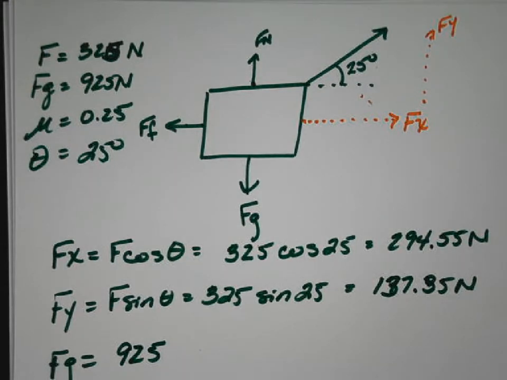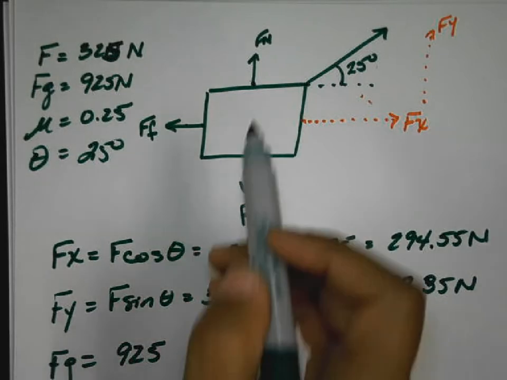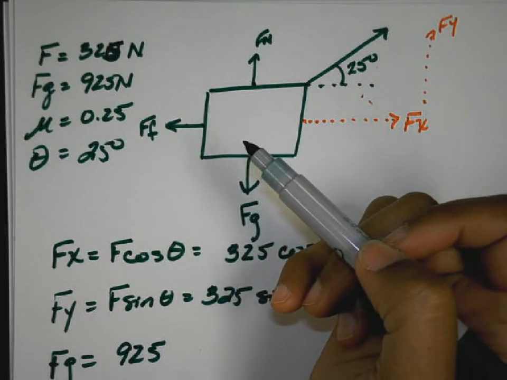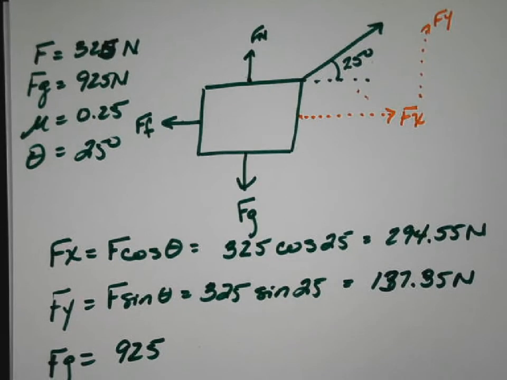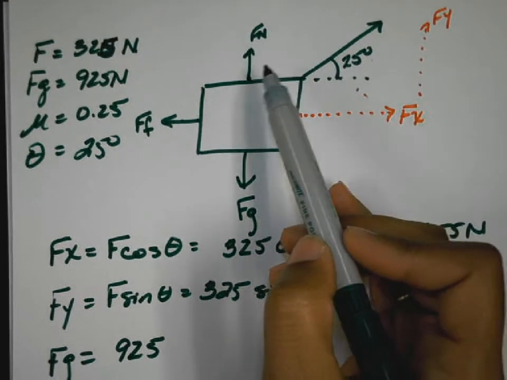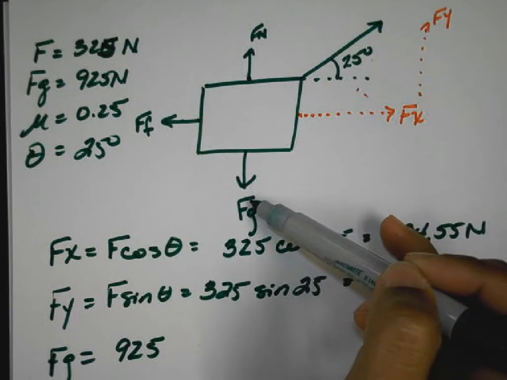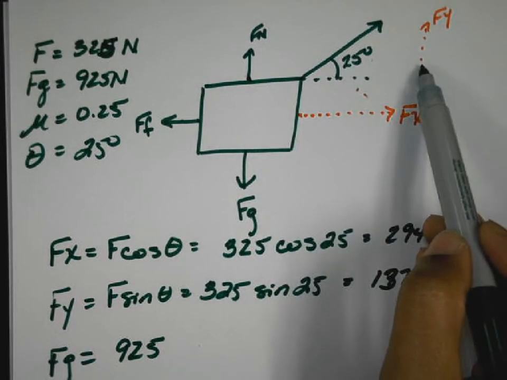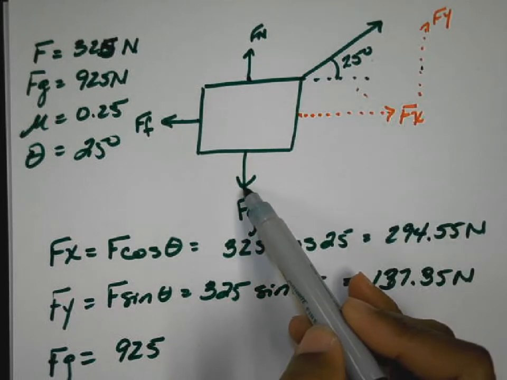Well, if you look at the normal force, this is really not that bad. It's just a question of everything being equal. I know that my arrows up have to equal my arrows down, which means this arrow plus this arrow has to equal that arrow.